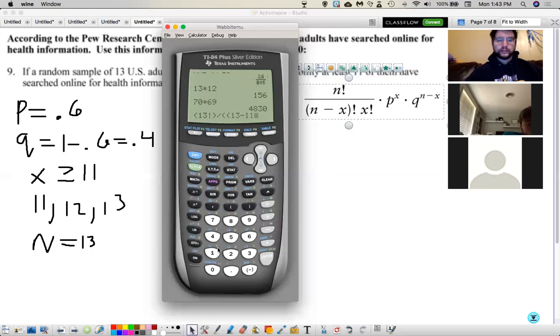So I'm going to do 11 first. Factorial. And again, you don't have to show your work on the test. So if your calculator can do it, you might want to do it that way, because it's going to take a minute. Don't forget to hit the times button. Multiplication.